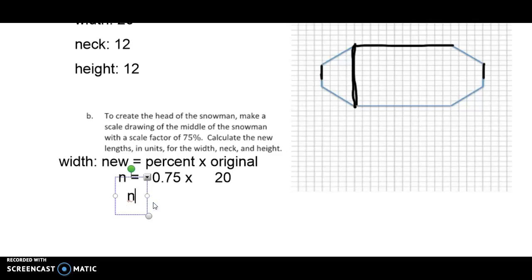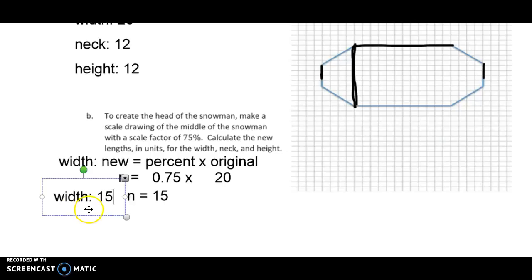What's 3/4 of 20? Okay, well the new width will have to be 15. Again, we're not going to draw it. If you got time at the end, that will be a little bit more of an extension activity for you.